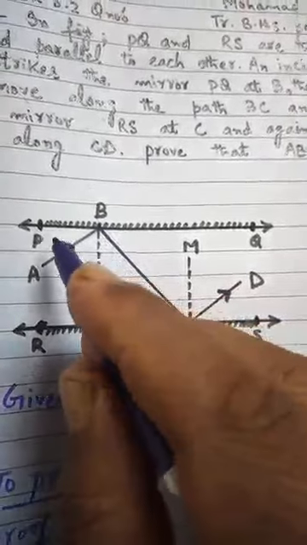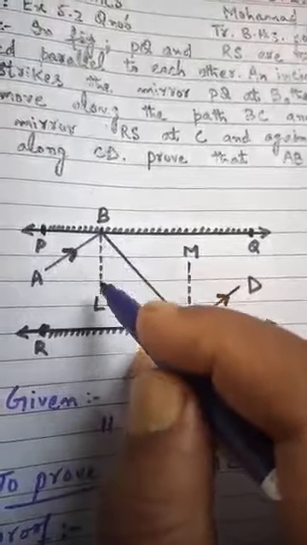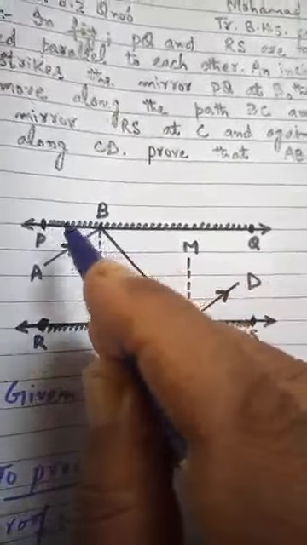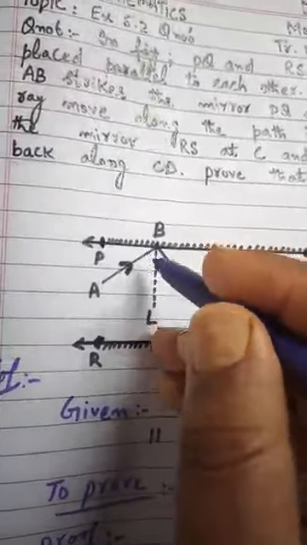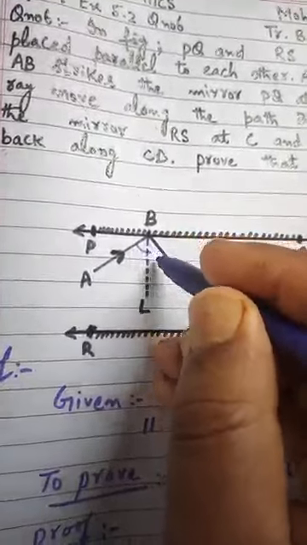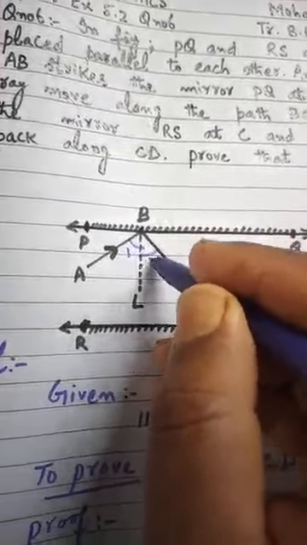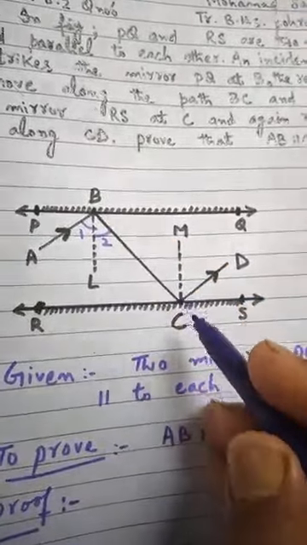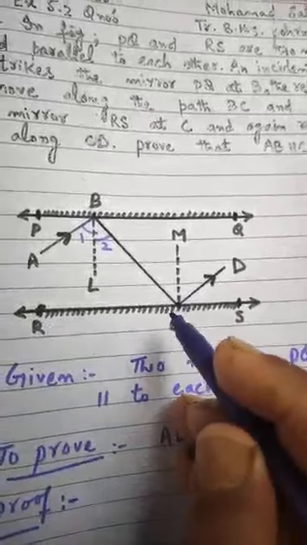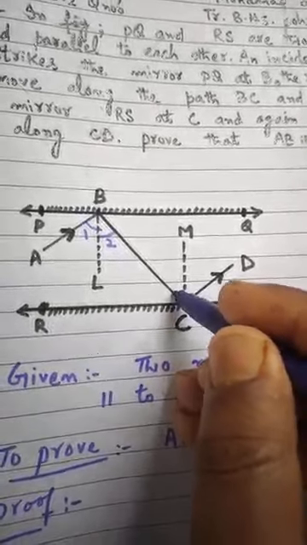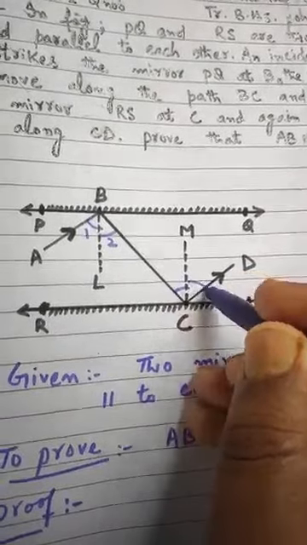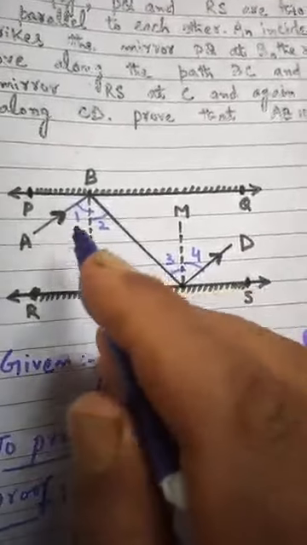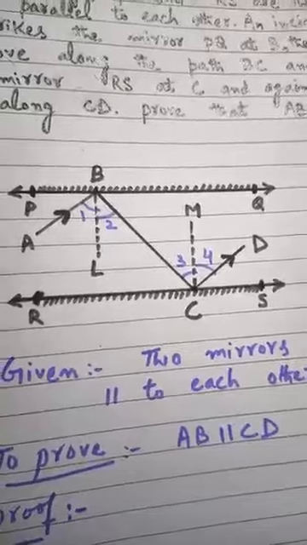BL is perpendicular to PQ because this is the normal. Normal always makes a perpendicular with the base, with the mirror. There are two angles formed here, this angle 1 and this angle 2. This ray of light strikes the mirror RS at point C. Again, two angles are formed here, this is 3 and this is 4. So 4 angles are formed here, 1, 2, 3, 4, which we need.